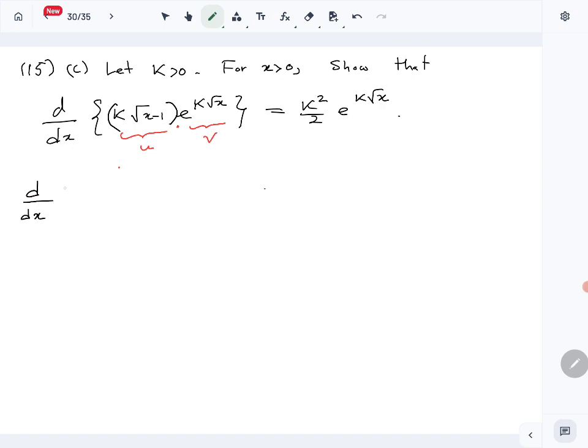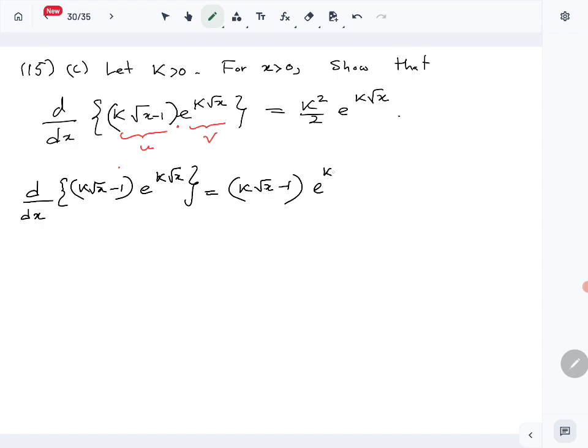So let's apply the product rule and quickly find the appropriate expression. Keep k square root x minus 1 and find the derivative of e to the k square root x.